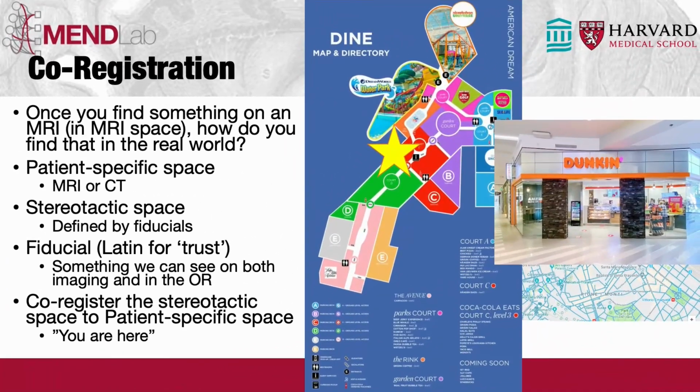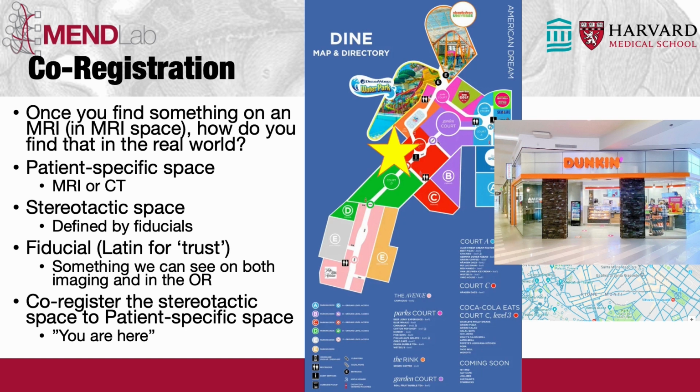Once you have these images and everything's targeted, you need to get from that map, which is in arbitrary MRI space or CT space, to the patient-specific stereotactic space that you're using with your frame or robot or other system. And you usually do this by registering your images.